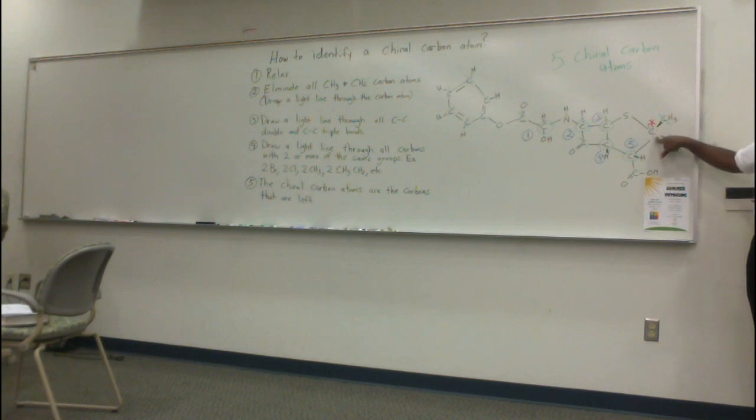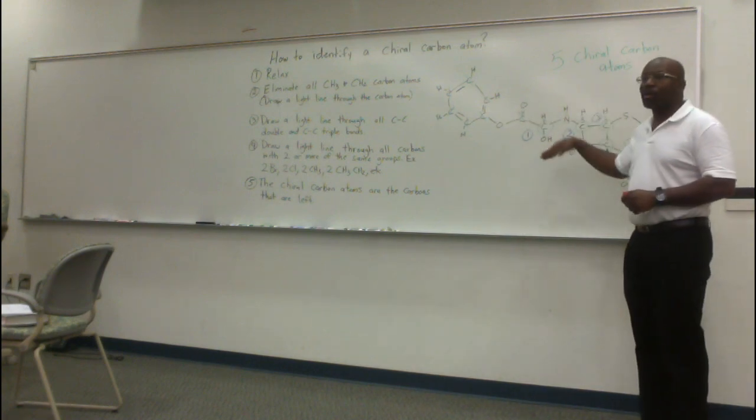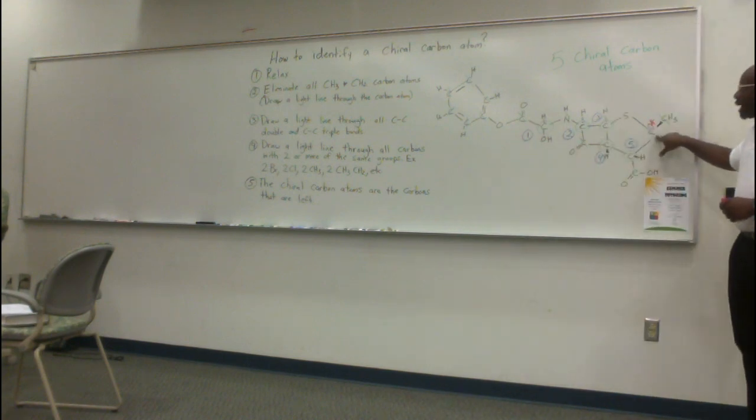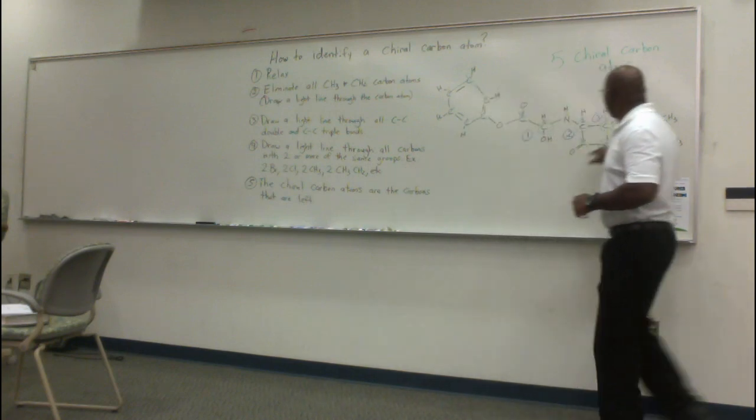This carbon atom here, following rule number 2, does not get crossed out. If I go into rule number 3, where I draw a line to all double-bonded or triple-bonded carbon atoms, it also still would not get rid of this carbon atom. I will have to go to rule number 4 to get rid of this carbon atom.